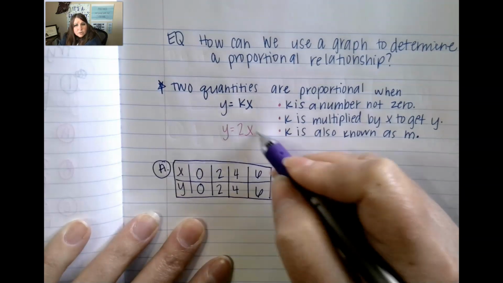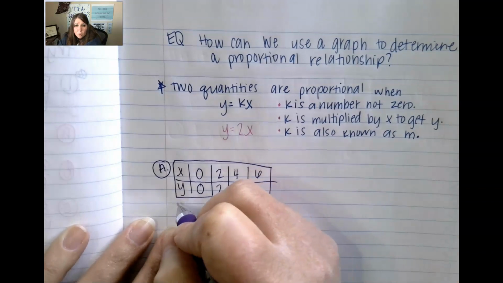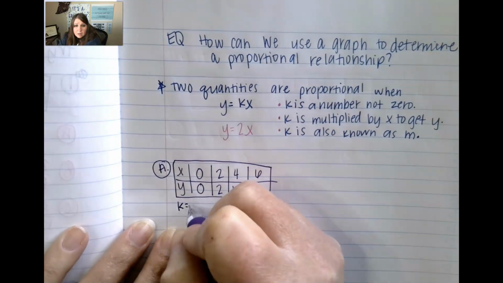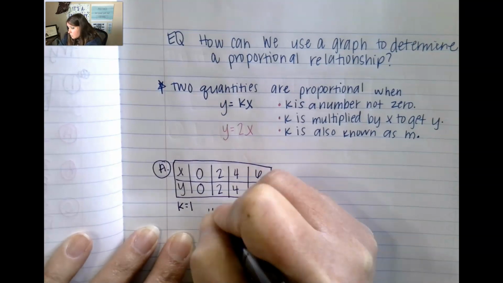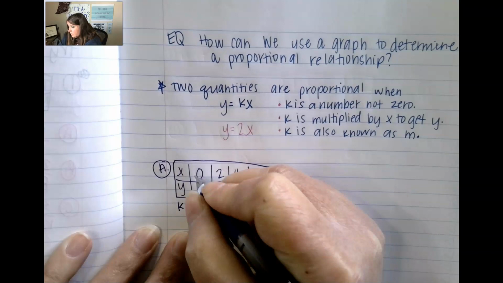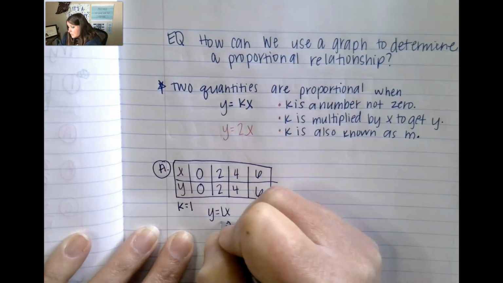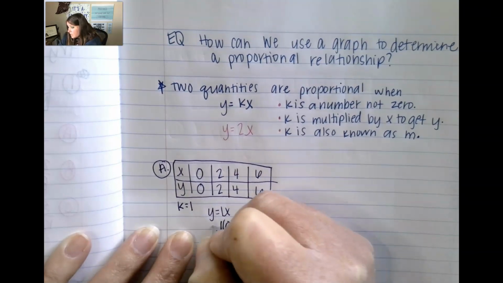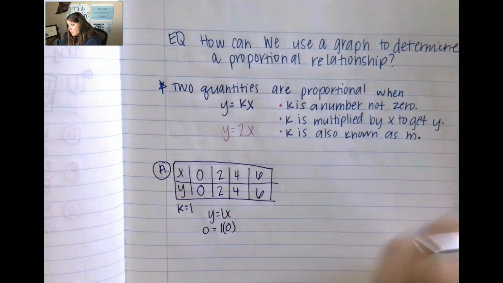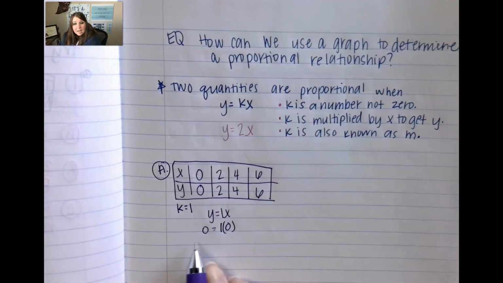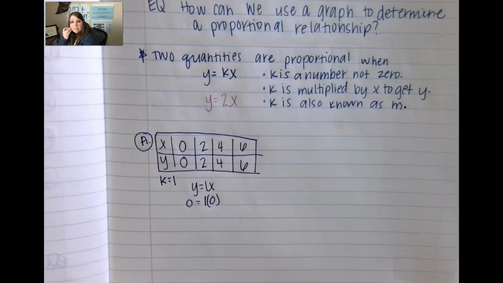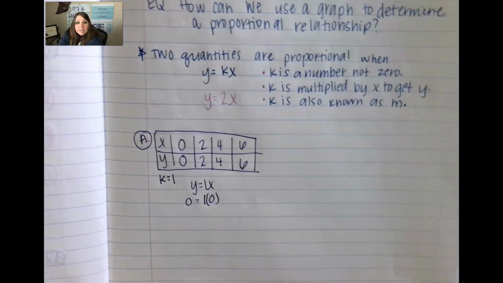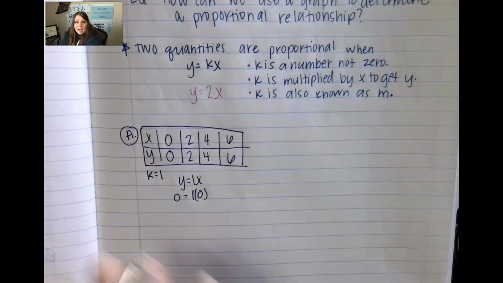So if this were it, k would equal 1. Because when I put in, for example, 0 and I multiply 0 times 1, I'm going to get 0. So what I put in as input, I get as my output. Okay, so we're looking at these proportions. So when I get an input, I will have my output.